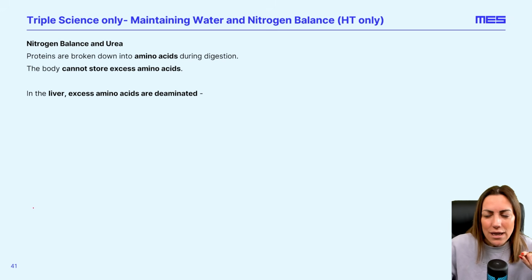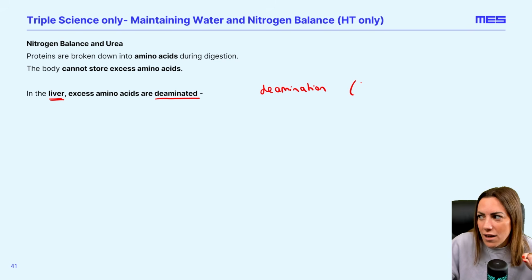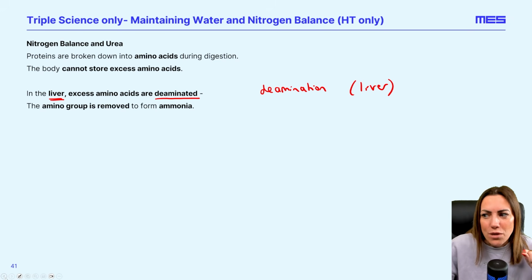So excess amino acids go to the liver where they are deaminated. So this is a process called deamination, and it occurs in the liver. So excess amino acids are deaminated, which basically means the amino group is removed from the amino acids.